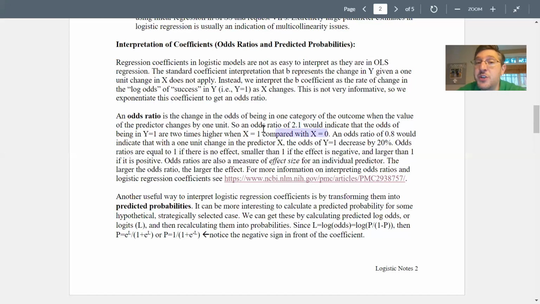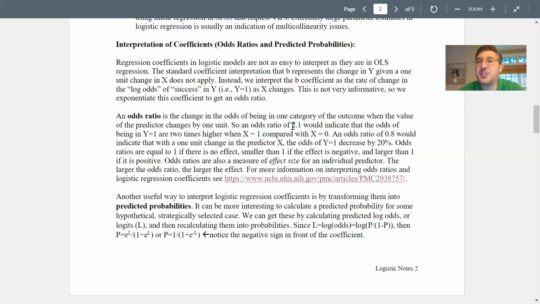So it's still a 1 unit change in X. Our 1 unit change in our independent variable corresponds to a 2.1 increase in the odds of Y equals 1.